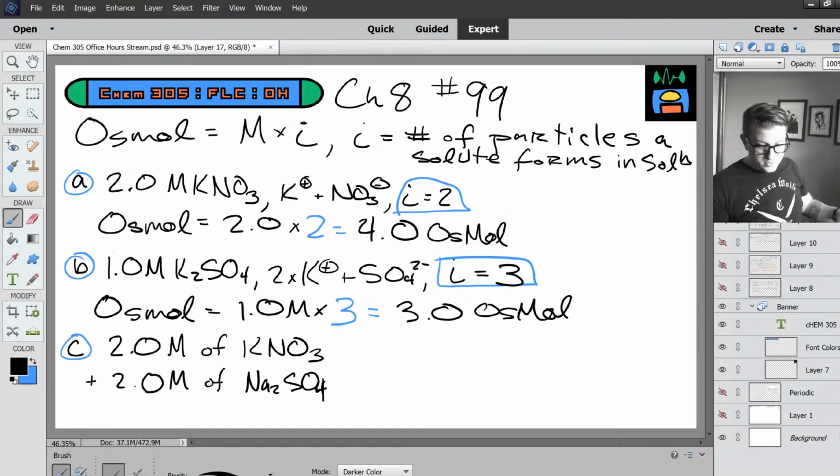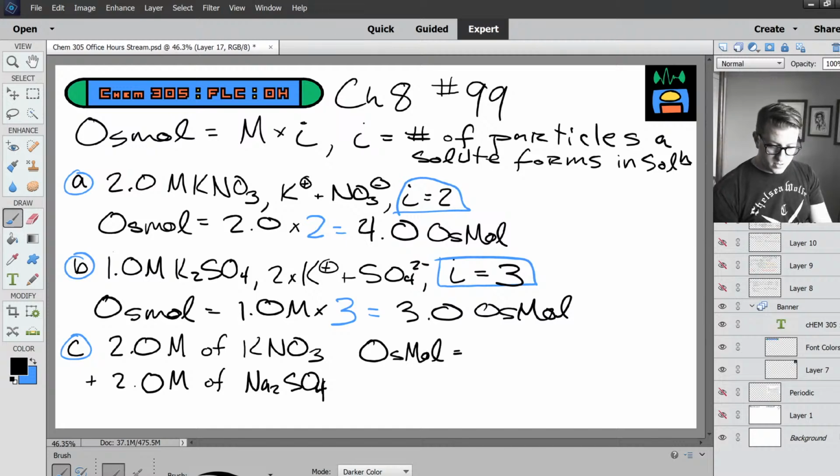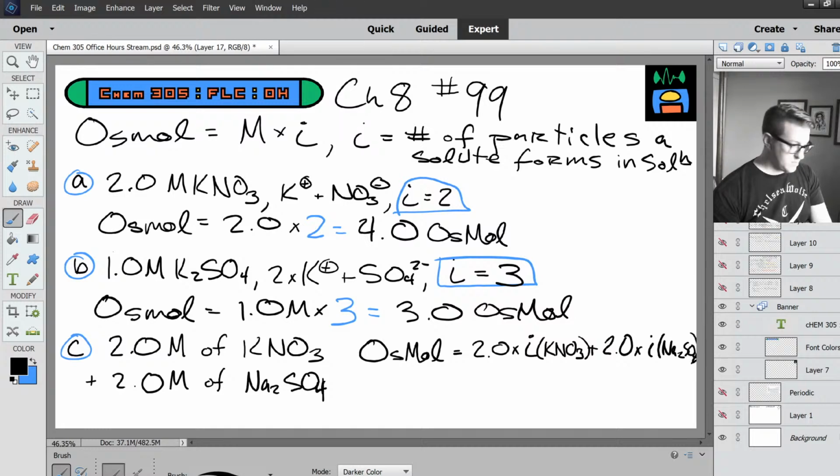We're talking about all particles. So our osmolarity will equal 2.0 times the i for KNO3 plus 2.0 times the i for Na2SO4. Questions like C and D.